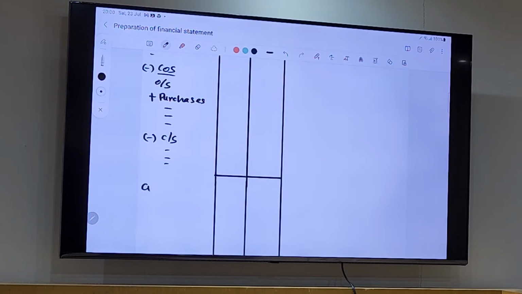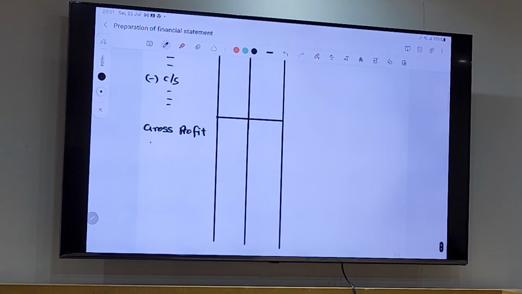Then you have gross profit. After gross profit, again leave 1 or 2 lines for other income, something you may get. Then minus expenses.